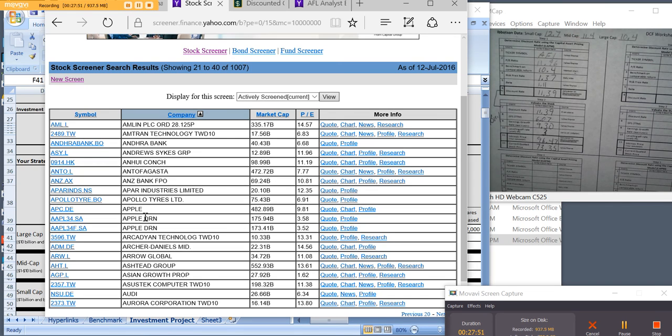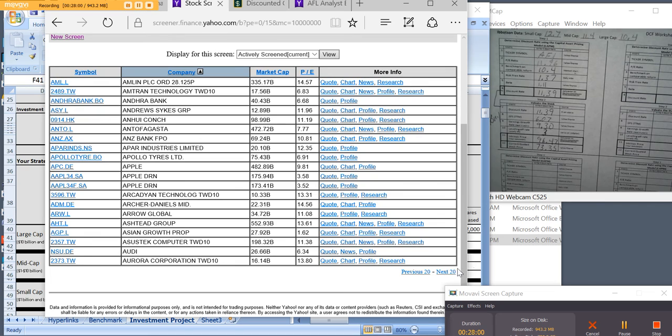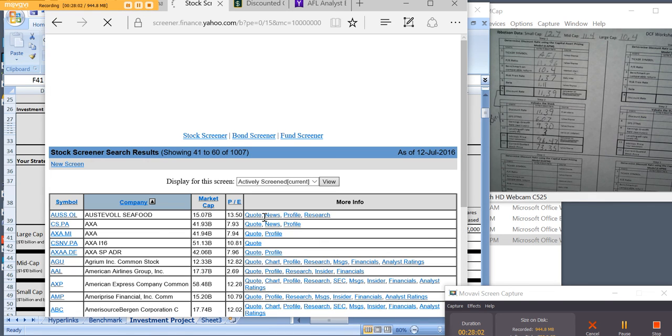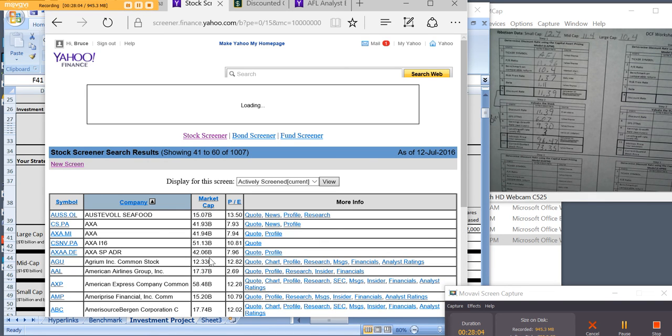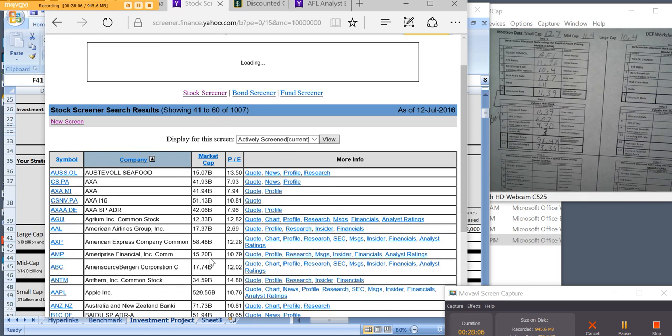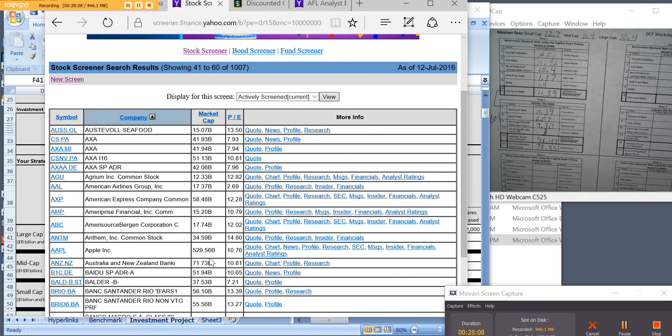Now you'll see Apple is listed here. Okay, this is Apple. These are tracking stocks, so we're not going to do those. Apple's ticker symbol is AAPL. And there it is. Well, I've heard of some of these companies, American Airlines, American Express. These are okay.